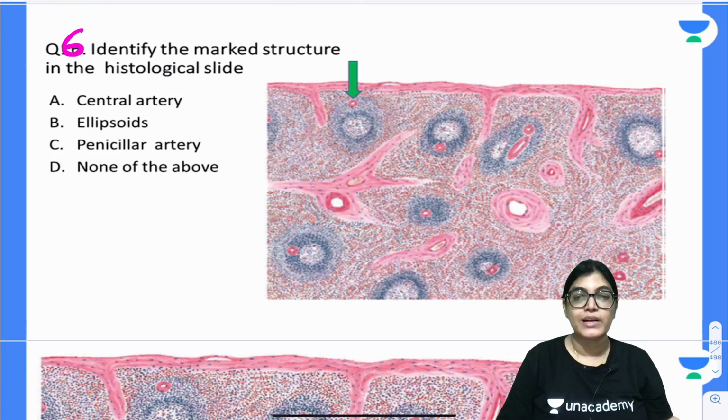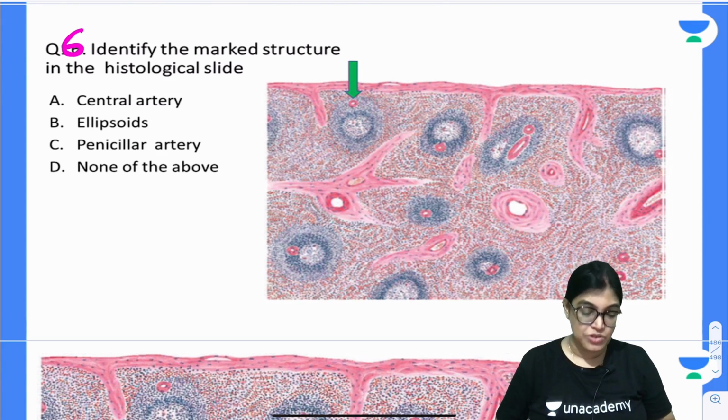Identify the marked structure in the histological slide. Can you see the arrow marked structure? A green arrow is marked on a small structure. You have to tell me whether it is a central artery, ellipsoid, penicillar artery, or none of the above.